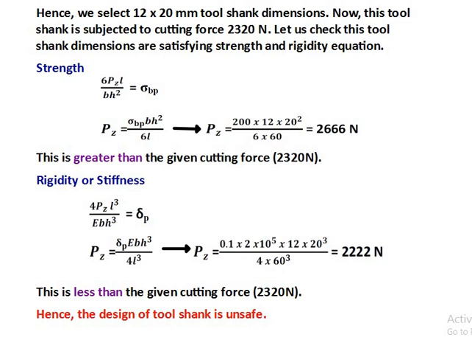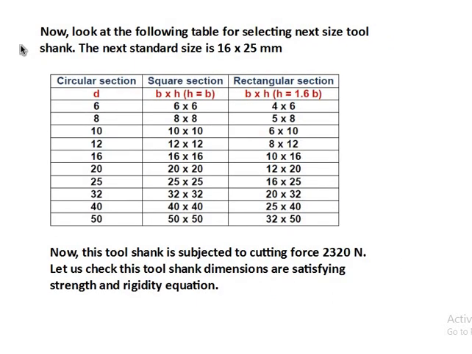Hence, what we have to do now is look at the following table in order to select the next standard size tool shank. We already considered 12 cross 20. Now the next standard size is 16 cross 25. This tool shank is subjected to the same cutting force, 2320 Newton.